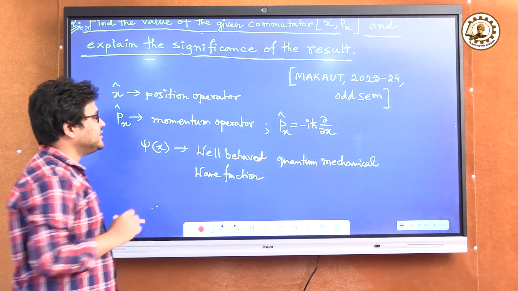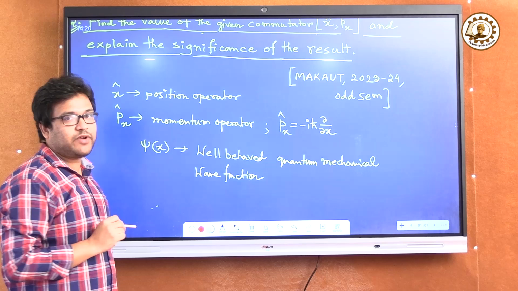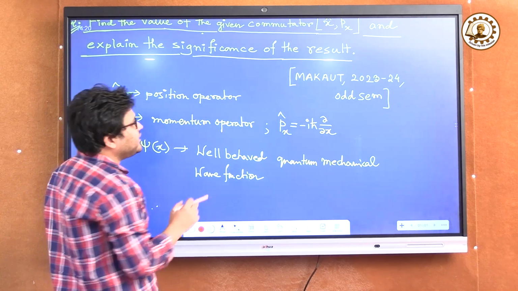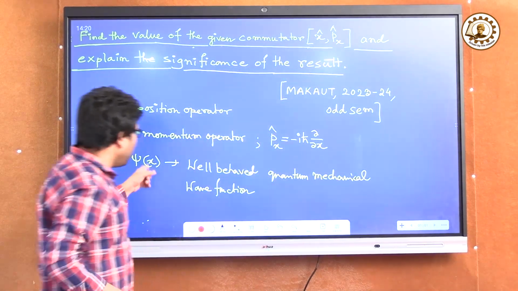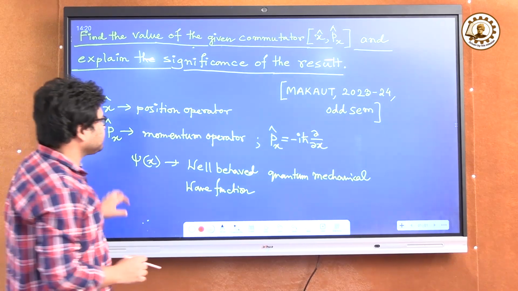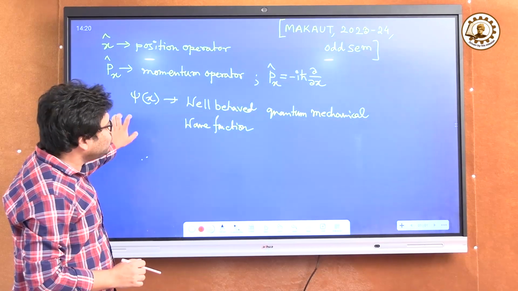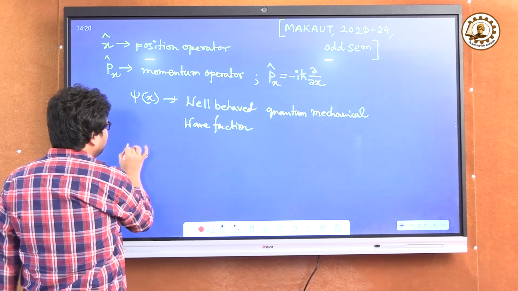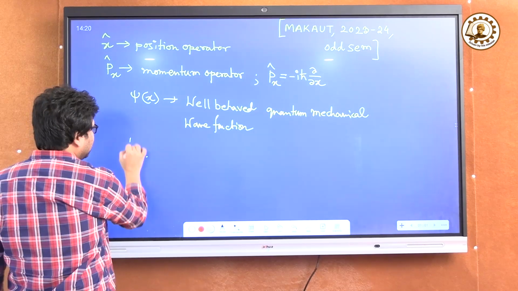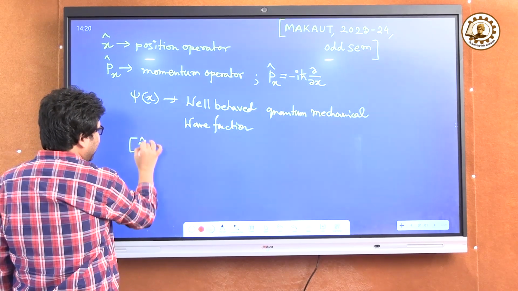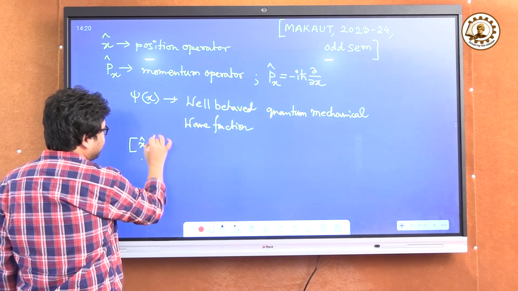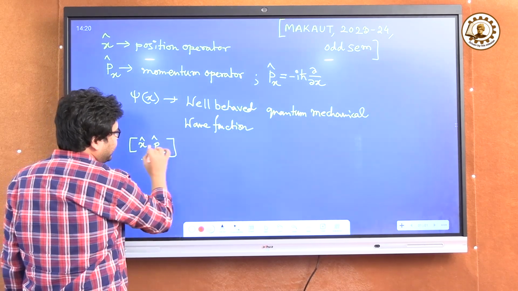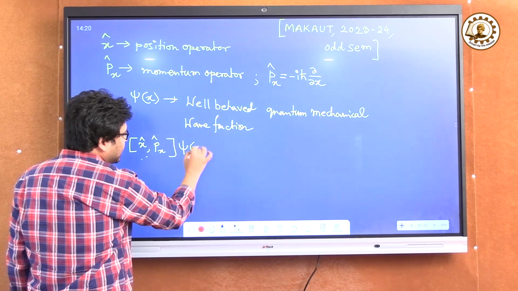So psi of x is a well behaved quantum mechanical wave function, and we are going to operate this commutator on this wave function. So first of all I am going to write on the left hand side the commutation of [x cap, px cap], and it is going to operate on psi of x.